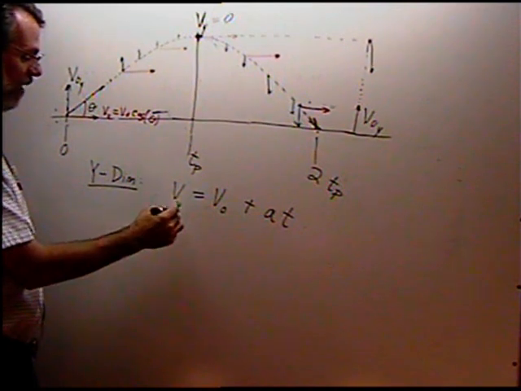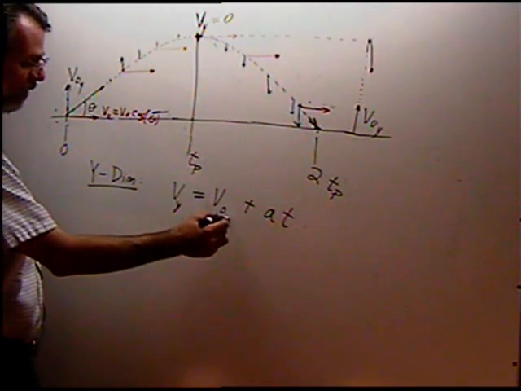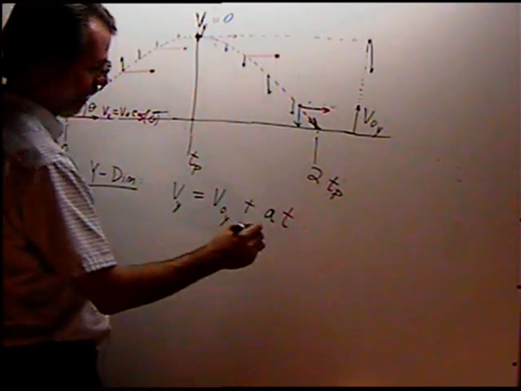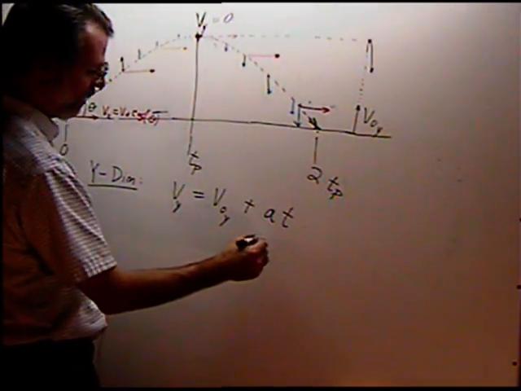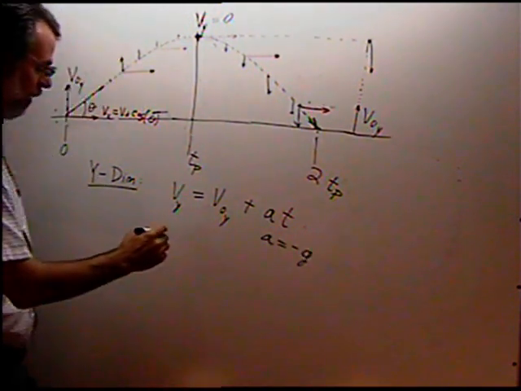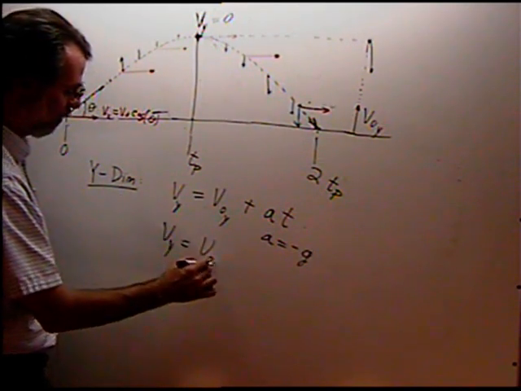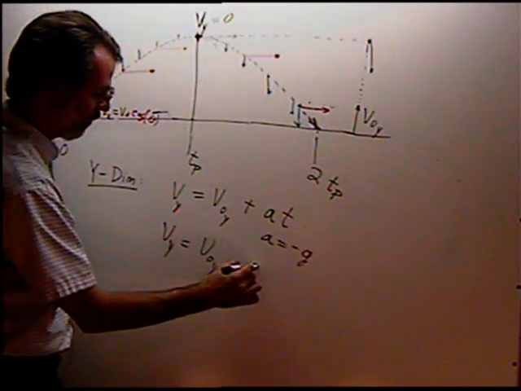We have the velocity in the y component equal to the initial velocity in the y component, plus at. In this case, a, again, is minus g. So the velocity in the y component equals the initial velocity in the y component minus gt.